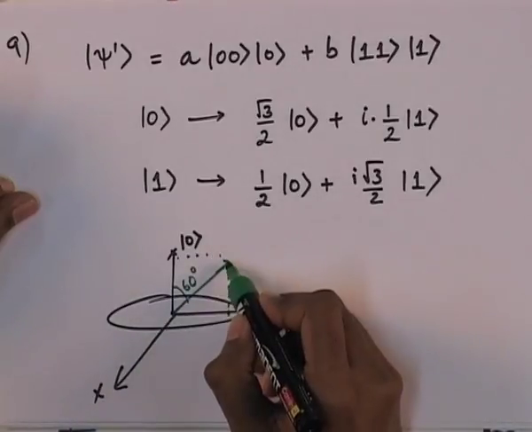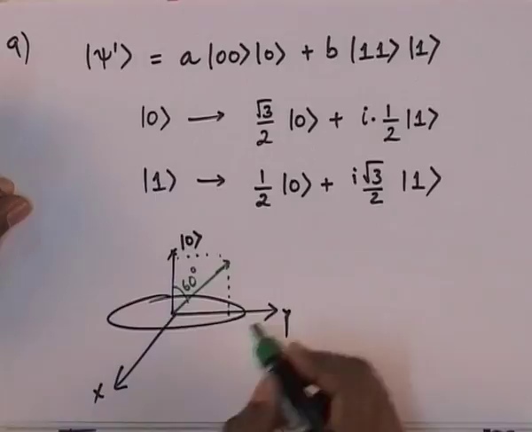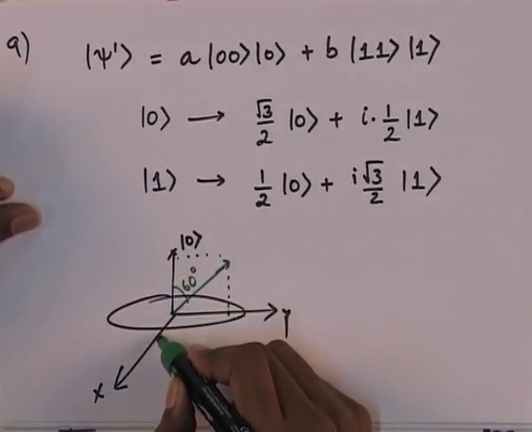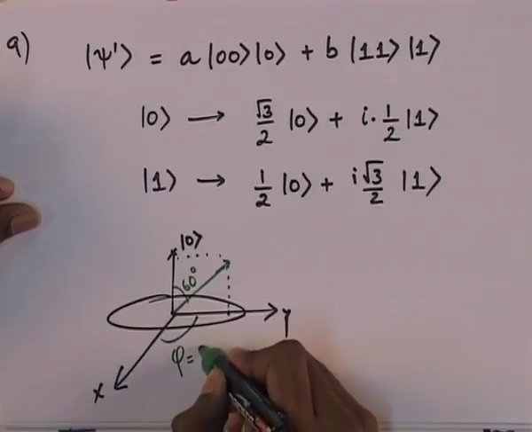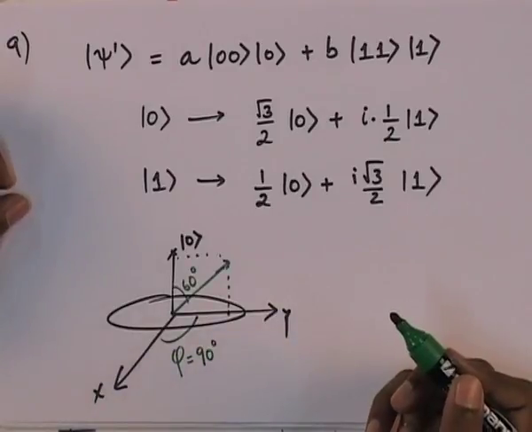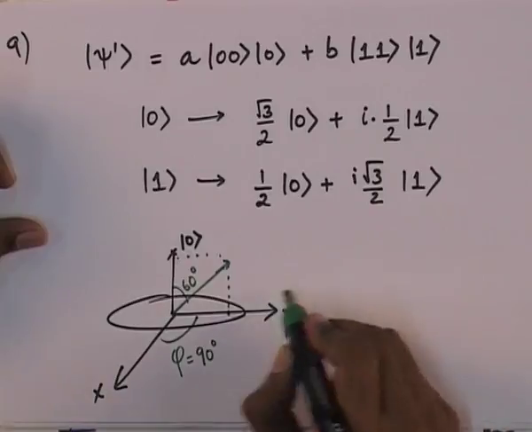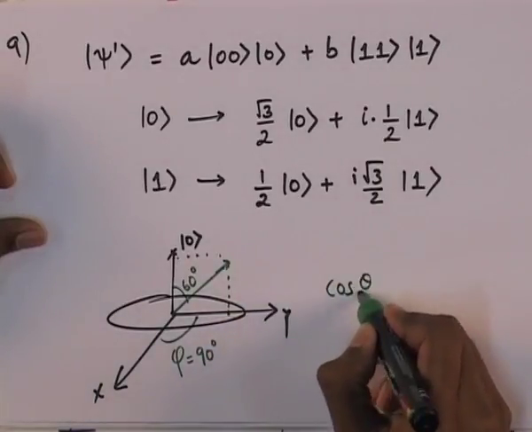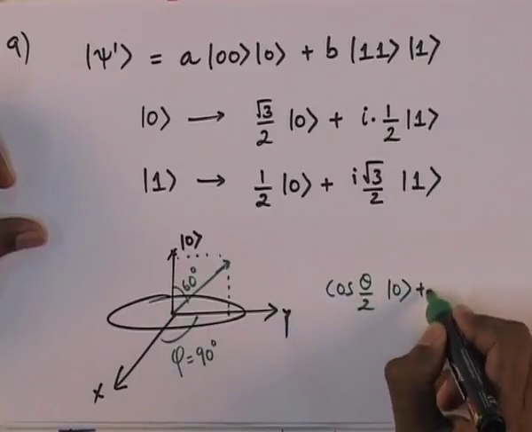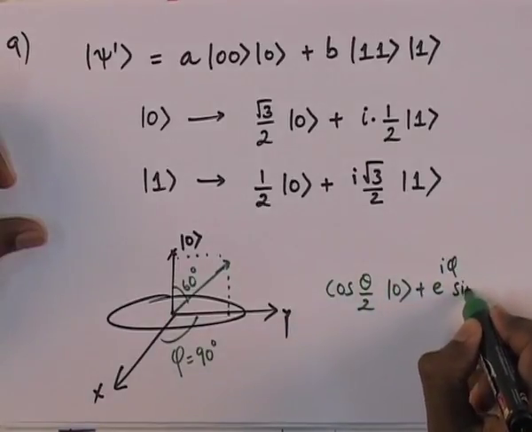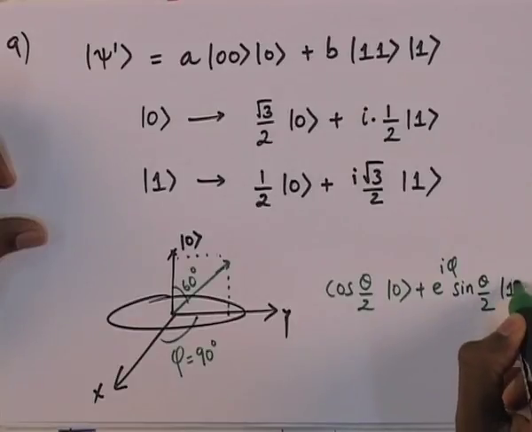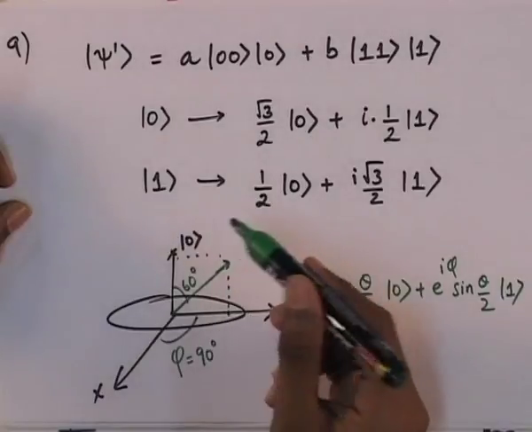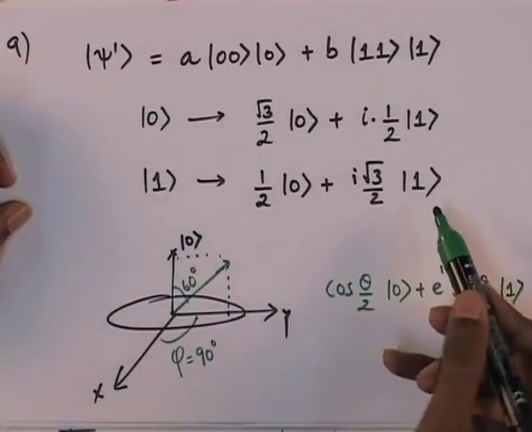So, the projection of the final state falls onto the y axis, which means the angle phi is 90 degrees. So, we know that a qubit can be represented in the Bloch sphere in terms of theta and phi, which is cos theta by 2 0 plus e power i phi sin theta by 2 1. So, similarly following the same steps for qubit 1, we obtain this particular state.